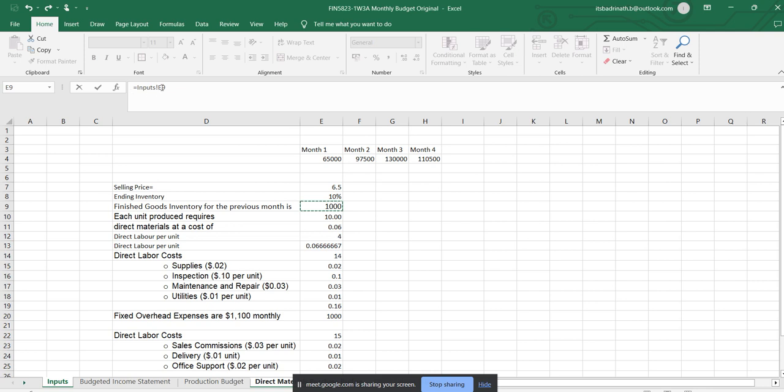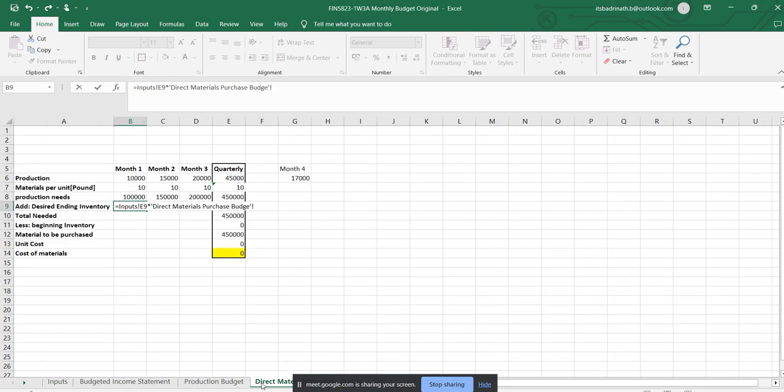initial inventory is 1000, we take reference of that, into 1000. This is 10,000 units. Now for this, how much inventory is required? 10% of previous months, right?